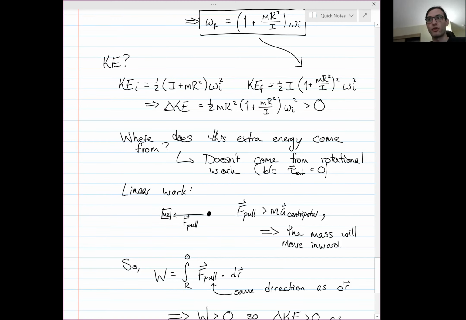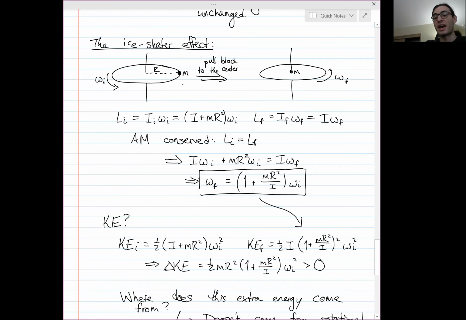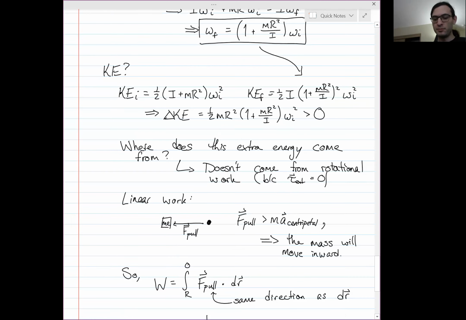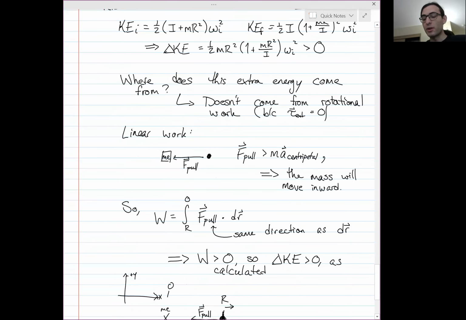The path is from out to in, the radial direction, from x equals capital R to x equals 0. Maybe this axis is plus x, for example, at least in this one instant. And the pulling force is in the inward direction.